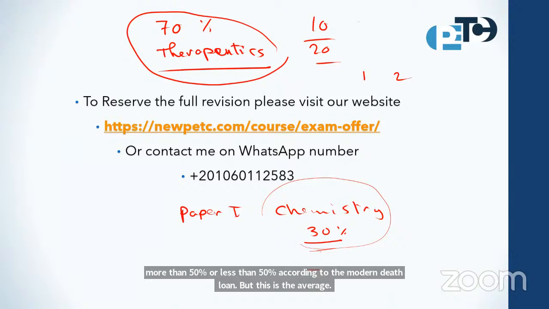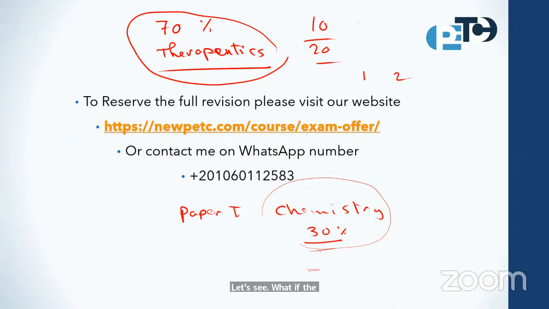Whatever the percentage, you should solve the questions that you face, and do not calculate whether it is related to chemistry, pharmacology, or whatever. You should solve as many as you can with the right answer.